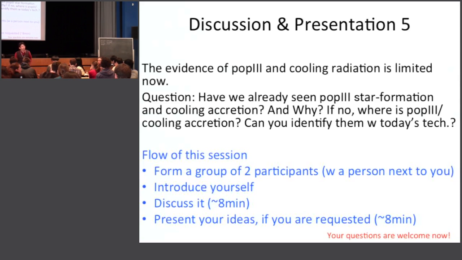Then if you know the ionization state of the universe at different stages, you can back calculate how many population 3 stars you should have to have that reionization. From that back calculation, you can get to know that at this redshift we'll have a lot of population 3 stars. Then you can probe around that redshift and learn more about population 3. That's what we came up with. Any questions?